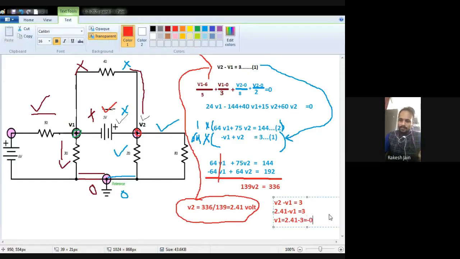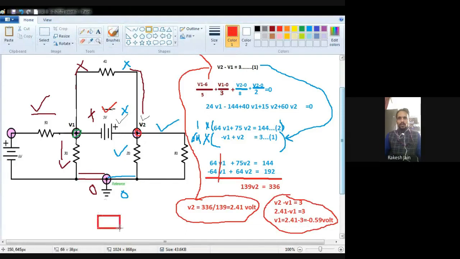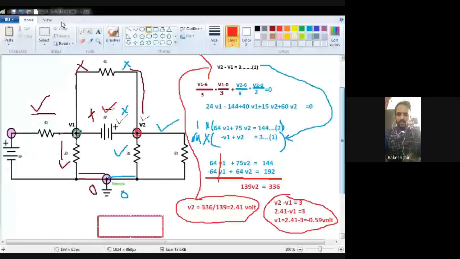It will be minus 0.59 volt. So this is the answer of V1. So this is my second answer.